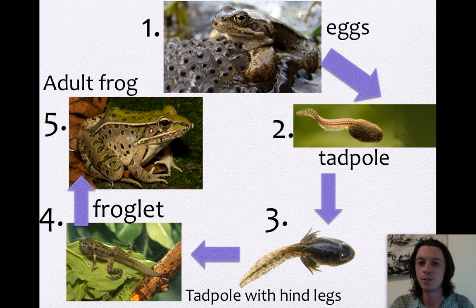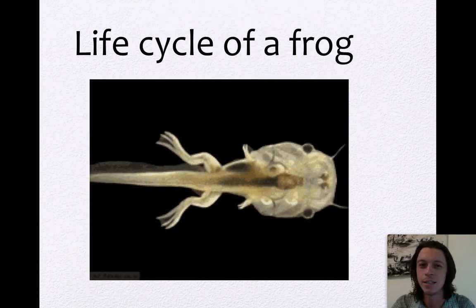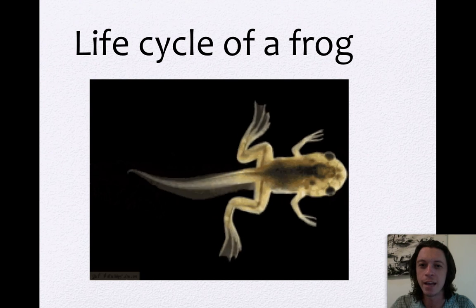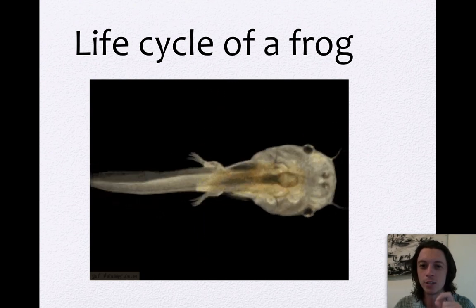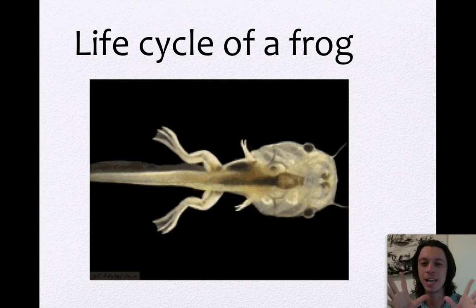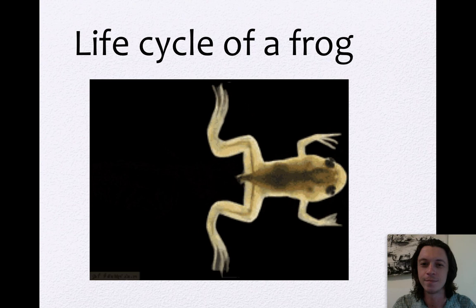And the adult frogs reproduce and lay eggs. Now we see the cycle of the life of a frog, the life cycle. Starts small, grows legs, and gets big. It grows.